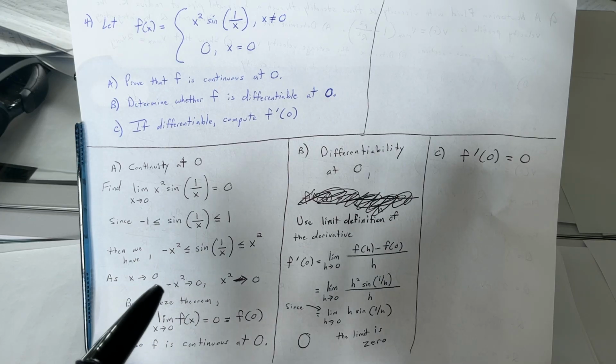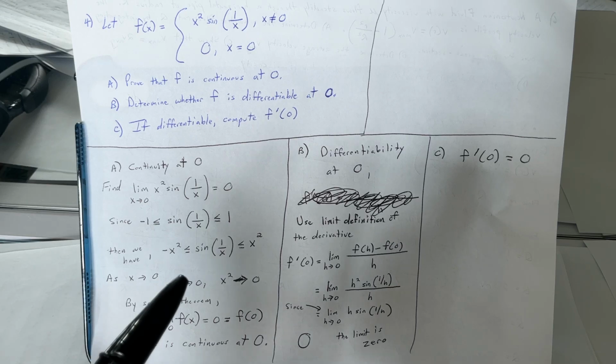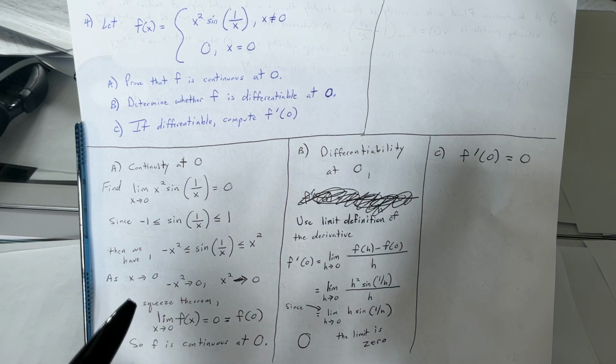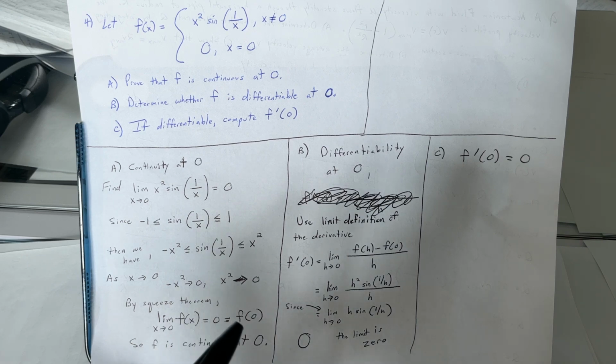As x approaches 0, negative x squared goes to 0 and positive x squared goes to 0. So by the squeeze theorem, the limit as x goes to 0 of f of x equals 0, which equals f of 0. So f is continuous at 0.